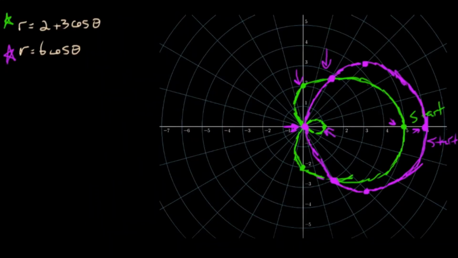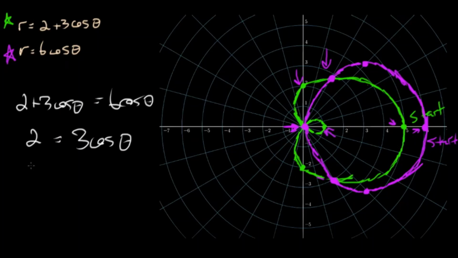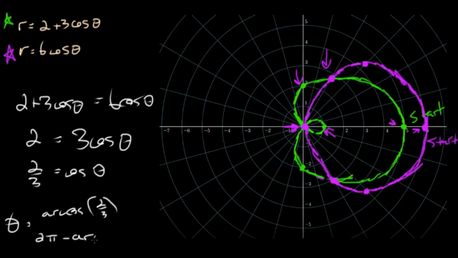Let's solve this thing. Set these two things equal to each other. 2 plus 3 cosine theta is equal to 6 cosine theta. I'm going to subtract 3 cosine theta from both sides and get 2 is equal to 3 cosine theta. And then divide by 3. Then our answers are theta is equal to, I'm getting the answers between 0 and 2 pi here, arc cosine of 2/3 and 2 pi minus arc cosine of 2/3.